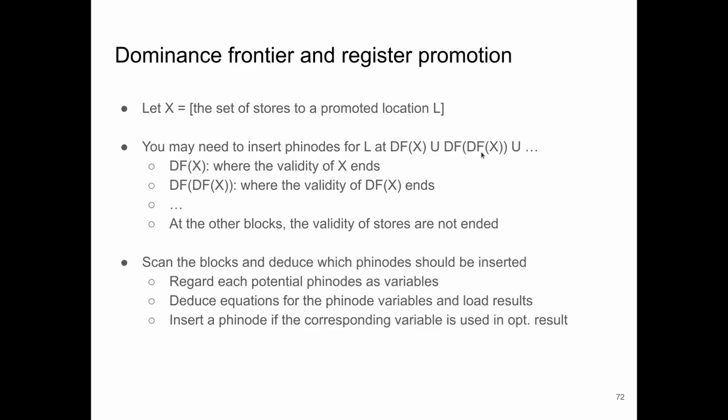Maybe we have to insert phi nodes there too, and so on and so on. So these are the potential positions at which we have to insert phi nodes, but all the other blocks are not necessary to insert phi nodes, in contrast to those in the dominance frontiers. So basically, that is the high-level algorithm for mem2reg optimization.